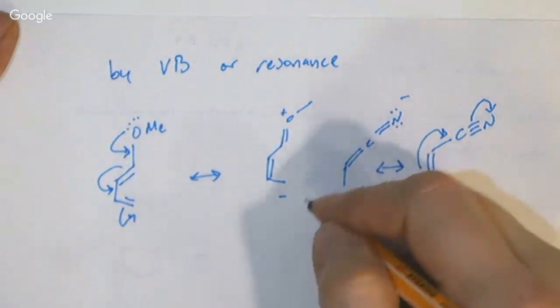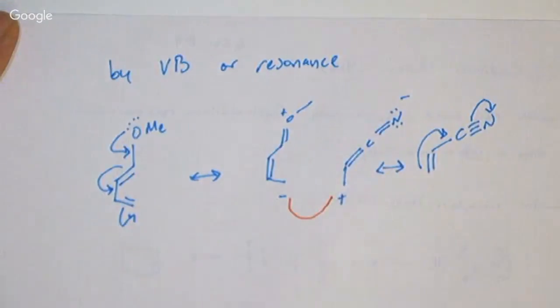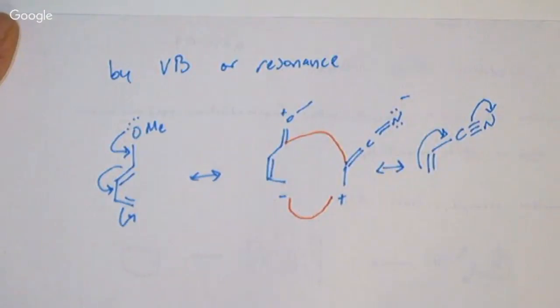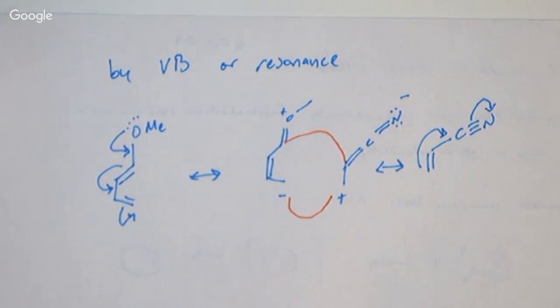Then what you'd want to do is line up the pluses and the minuses as they would react together. And then the other two carbons are going to come together as well. This is what dictates in a one substituted diene the ortho product. The same thing is going to be true for a two substituted diene. So if you don't want to do all the modeling, you can do it by valence bond or resonance theory.